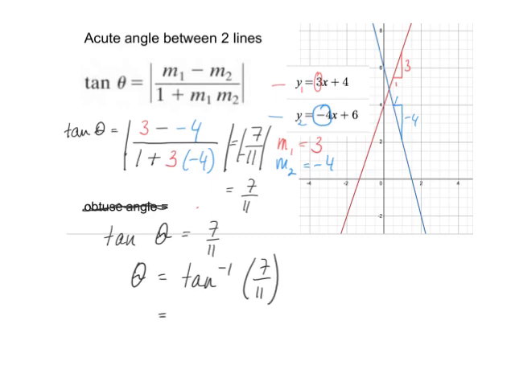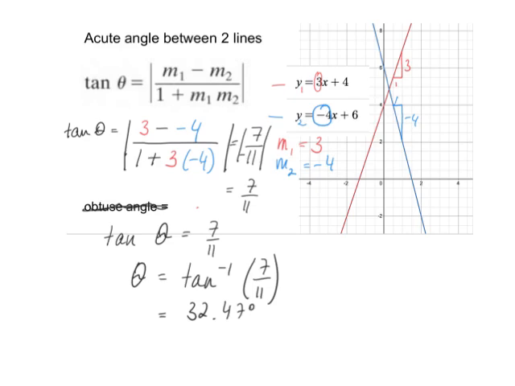We can put that into the calculator with the shift button, shift tan of 7 over 11, and that would give us 32.47 degrees.